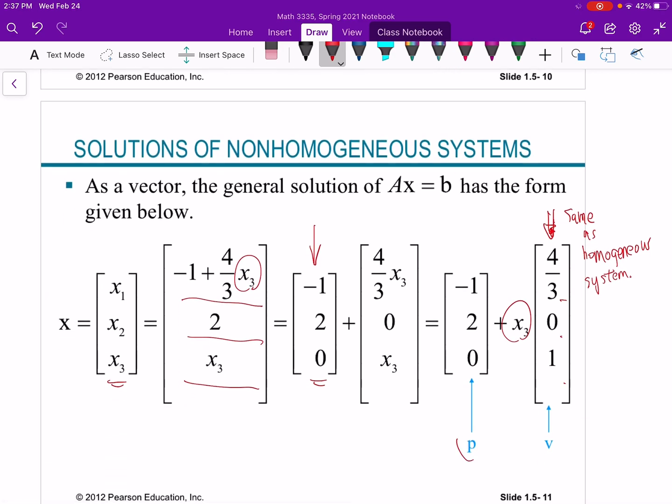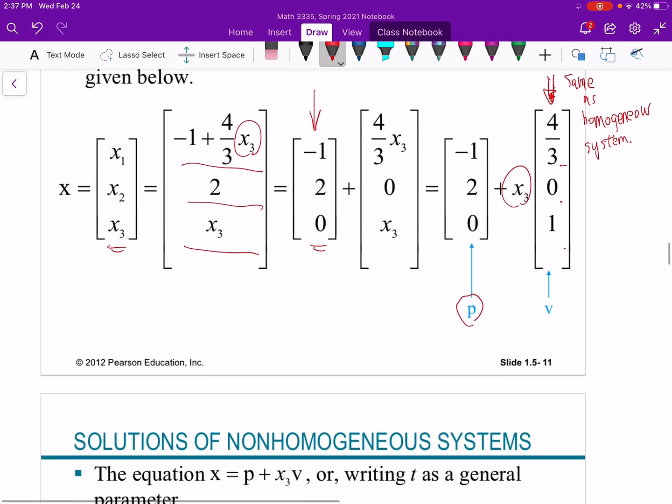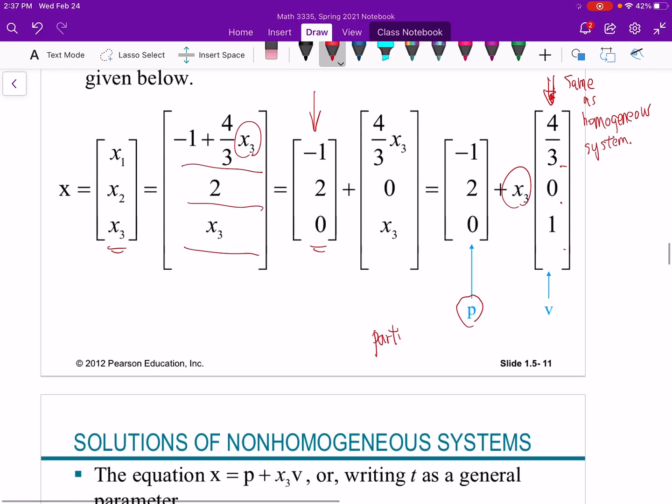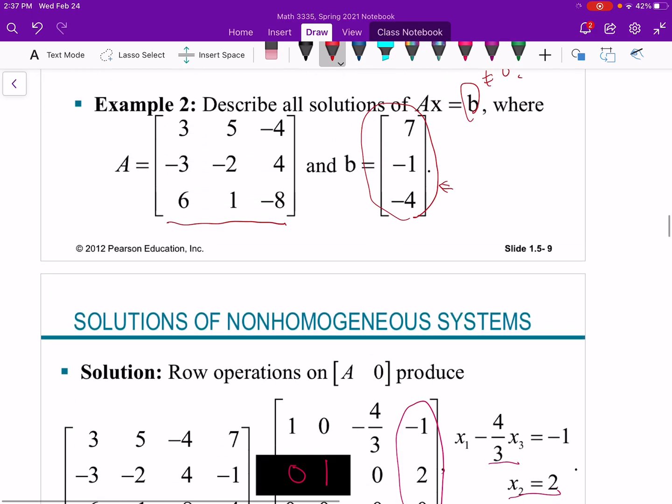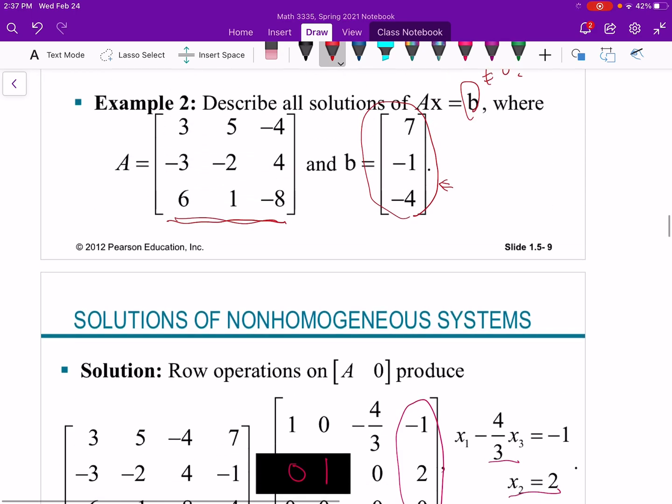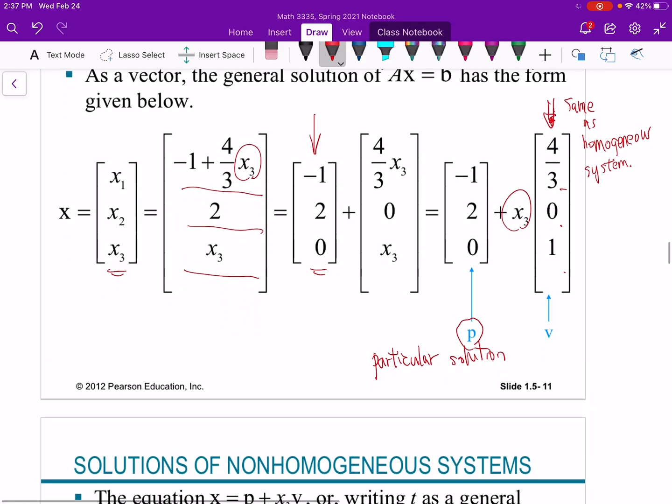So there's a p. This p is called a particular solution. If you plug this p in the place of x1, x2, x3 in the system, it will be a solution. However, this v right here will give 0 anyway, so it is not going to affect anything.